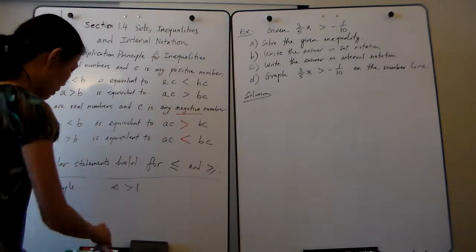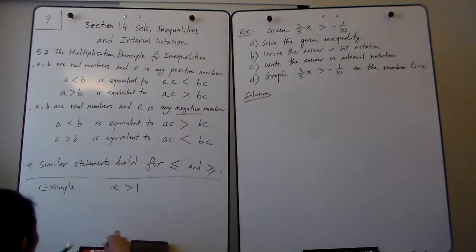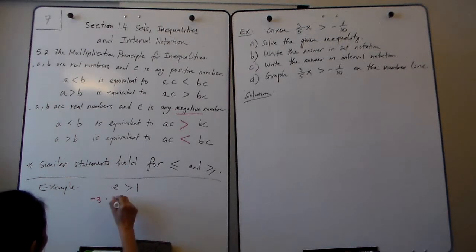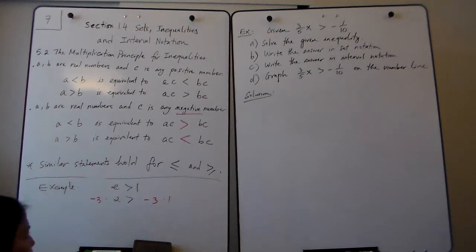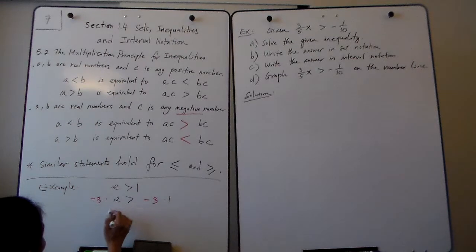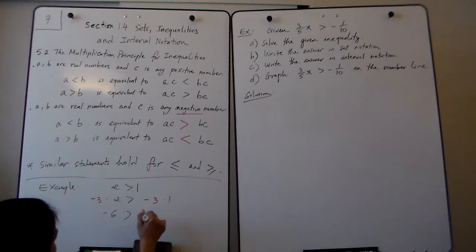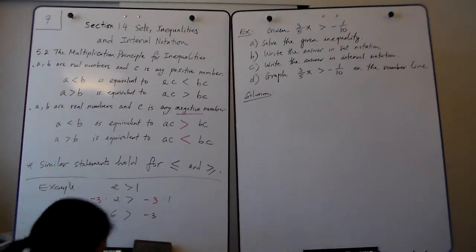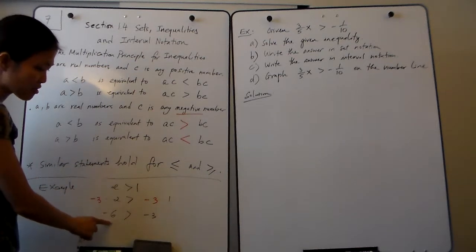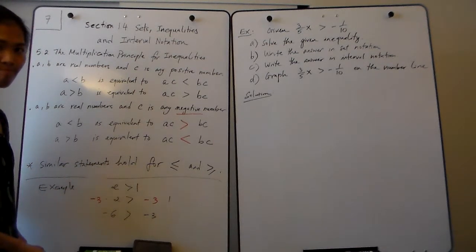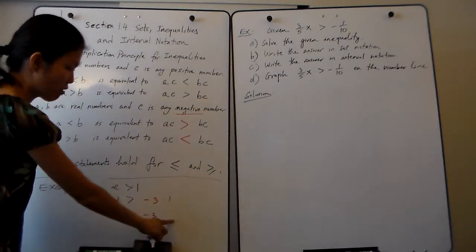What if you multiply by -3 on both sides? Simplify: -3 times 2 is -6, and -3 times 1 is -3. Now look at this inequality. Is -6 greater than -3? No, so it's false.